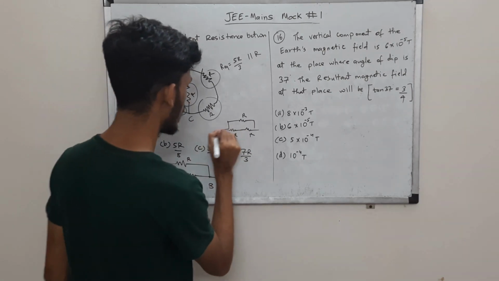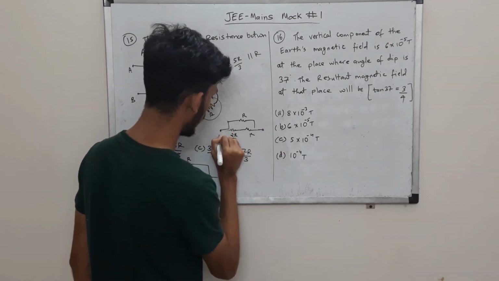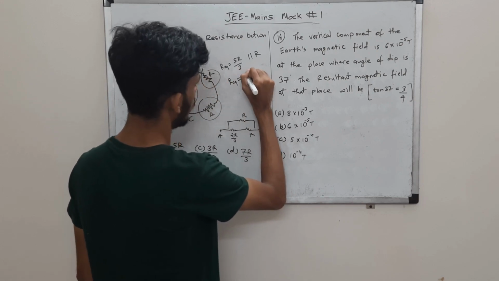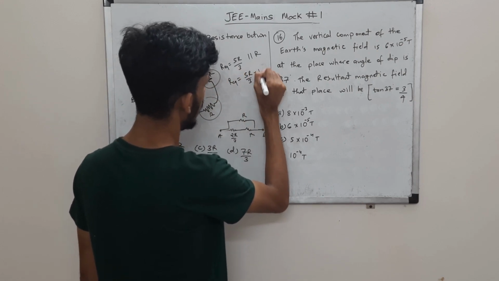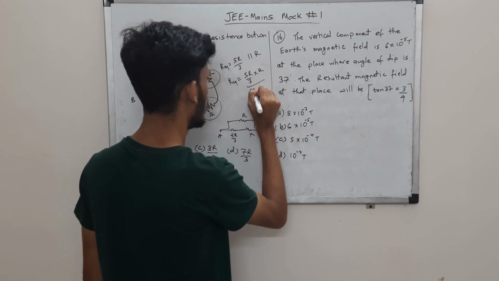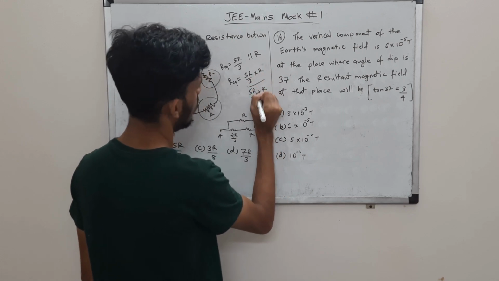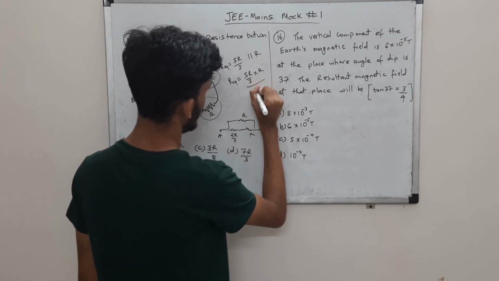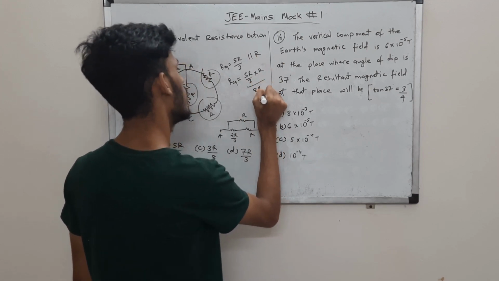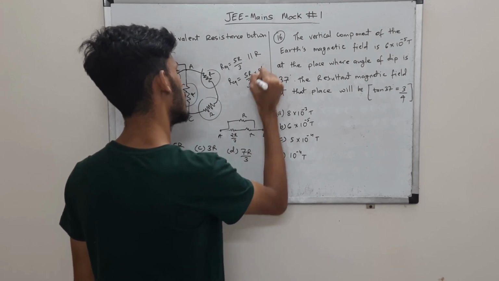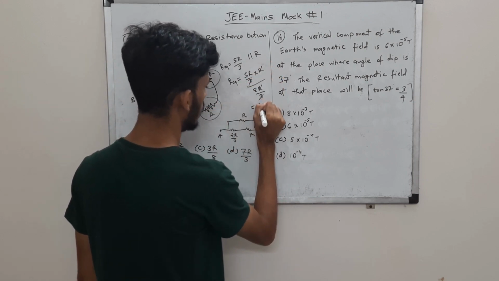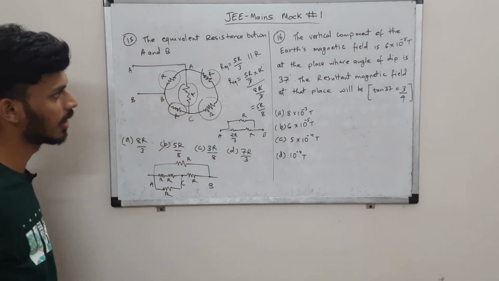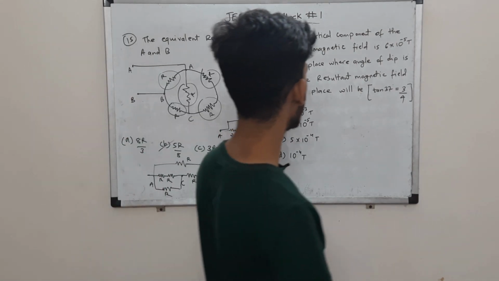That is the resistance between A and B, so the equivalent is product upon sum: 5R by 3 into R divided by 5R by 3 plus R. Here 5R by 3 plus R is 8R by 3. The 3 and 3 cancel, and R and R cancel, so that becomes 5R by 8, which is option B. That's correct. Let's come to the 16th one.